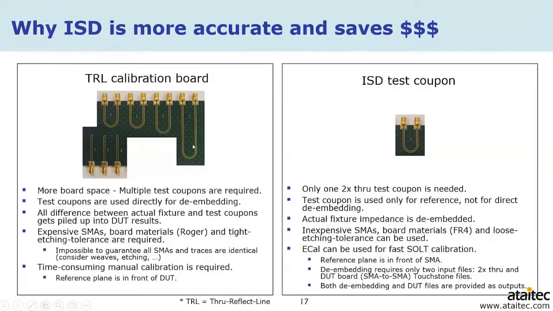Obviously, that's not achievable when you have so many test coupons, right? How can you guarantee every test coupon has identical impedance at every picosecond, every location along the way? And so in the end, ISD can let you use inexpensive material. It can help you save money.